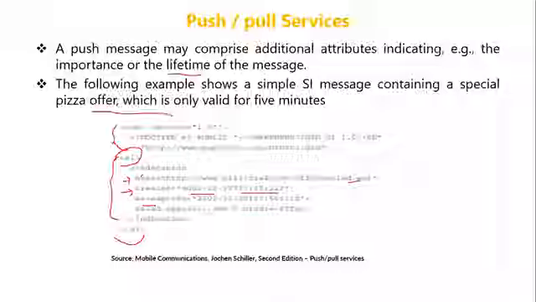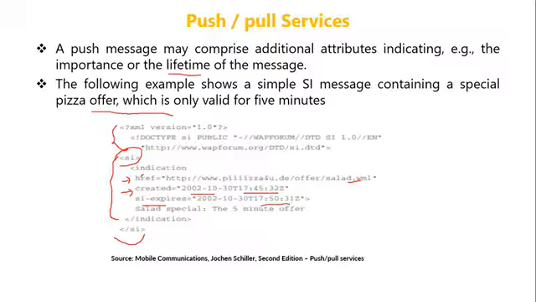It expires on 17:50:31 on the same day. So it means this service is valid only for 5 minutes. Maybe they are offering pizza freely or at a very low cost, but the service is offered only between these 5 minutes.